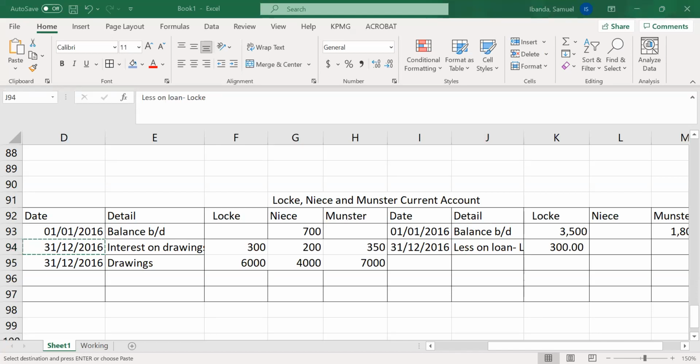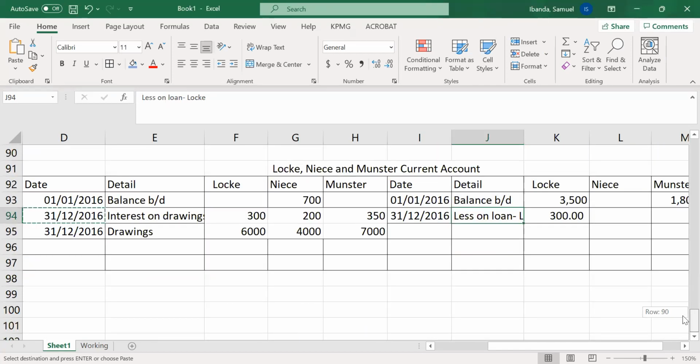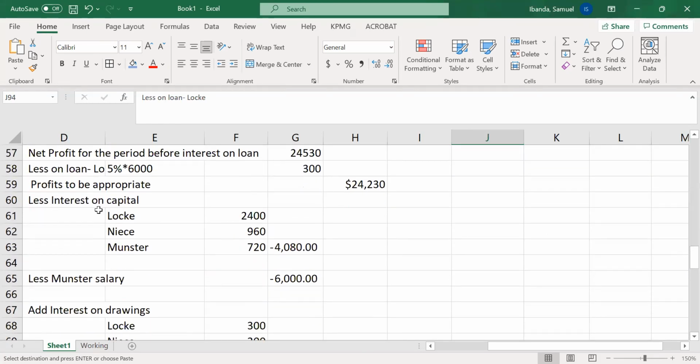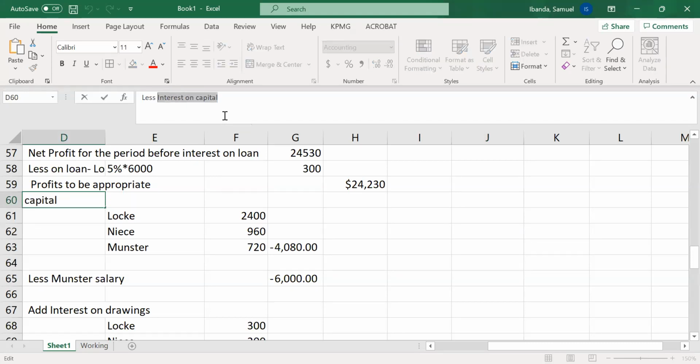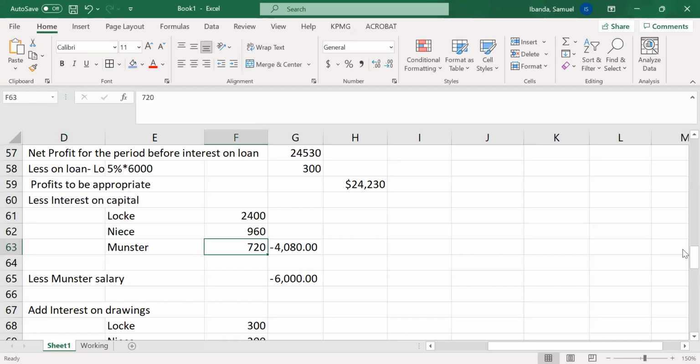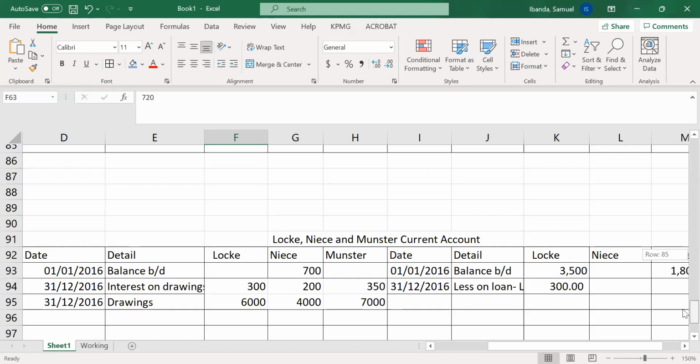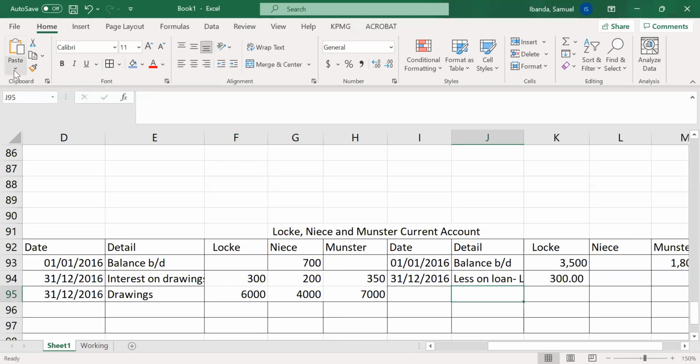Now, just like also when it comes to interest on capital, because we're doing this concurrently, this so-called interest on capital that we list here is supposed to be recorded in the current account on the credit side, because the partners are also benefiting, okay?